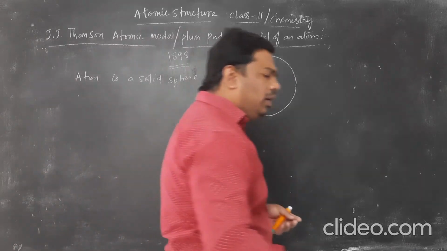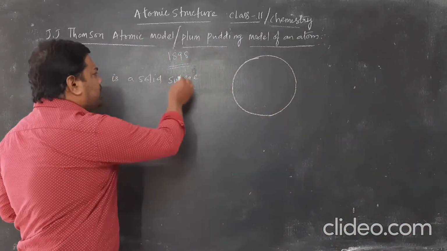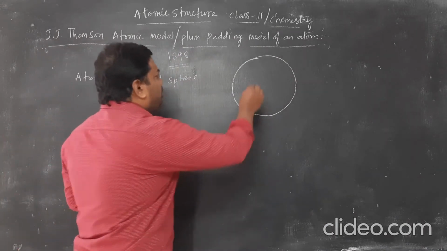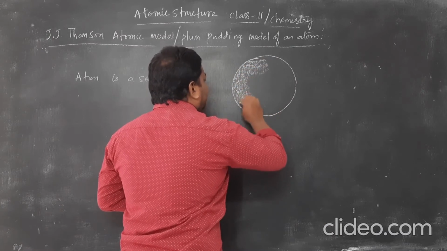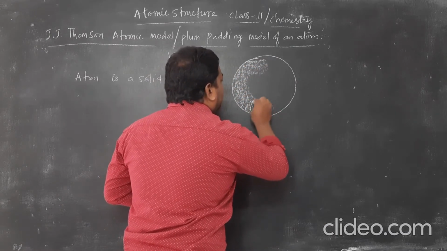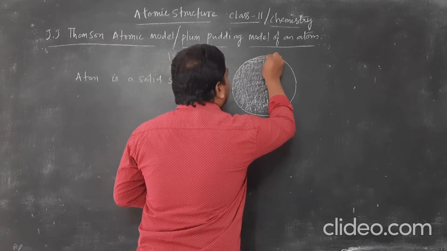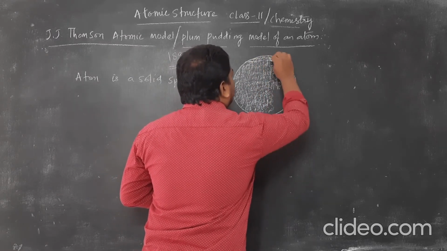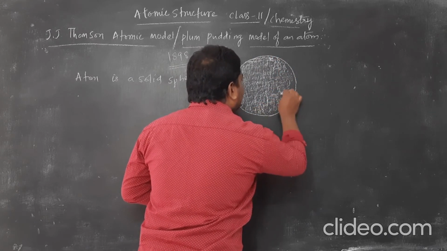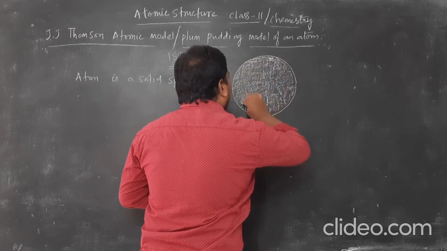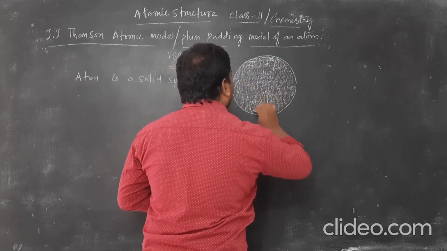Here he said that the positive charge is uniformly distributed in the atom. It means the positive charge density is distributed over the entire atom.